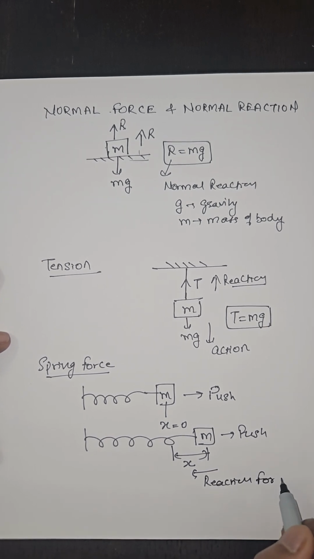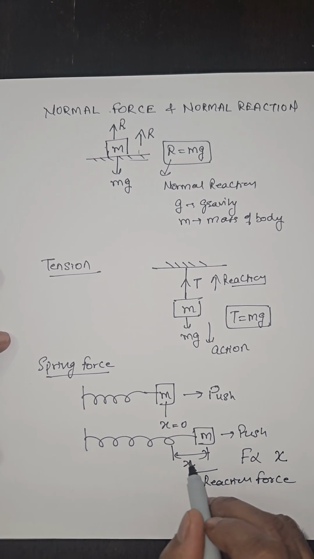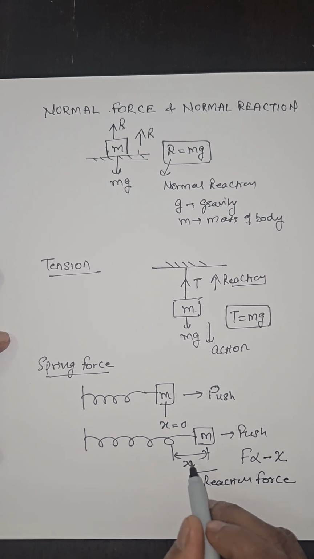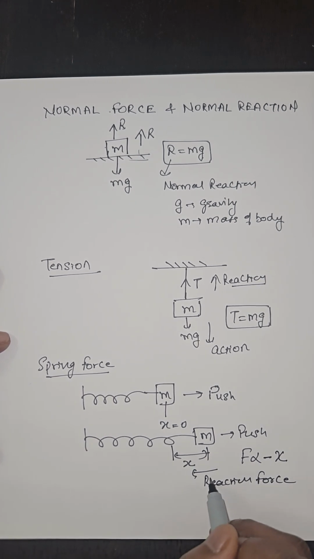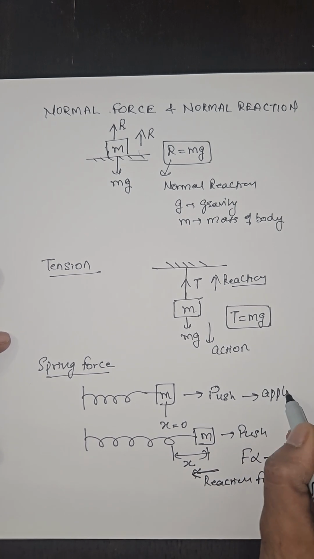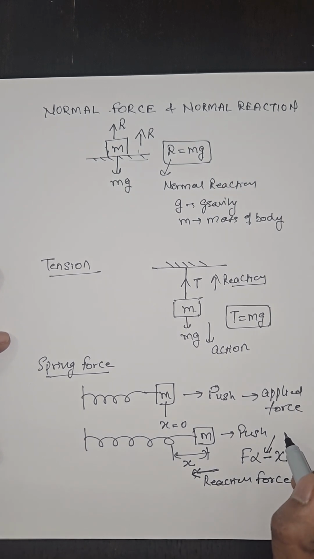This reaction force is proportional to the displacement made from the mean position, but it acts in the opposite direction, meaning this force acts opposite to the applied force. So this is my applied force and the reaction force acts in the opposite direction. That is why this negative sign appears.